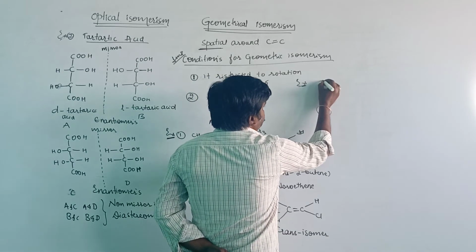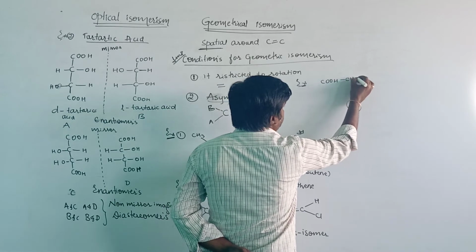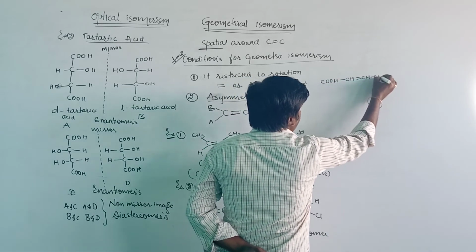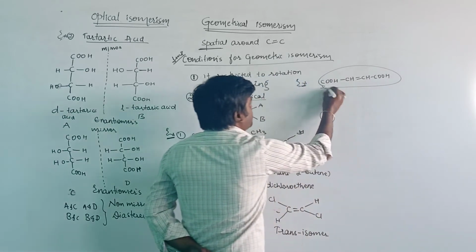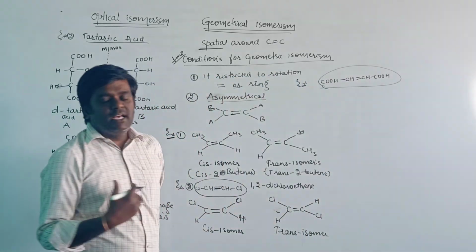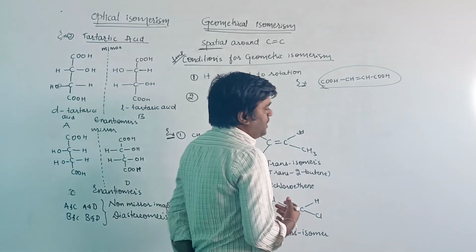Let us see the third example: COOH-CH=CH-COOH. This compound will show cis as well as trans isomers. It will show geometrical isomerism. Let us see how.